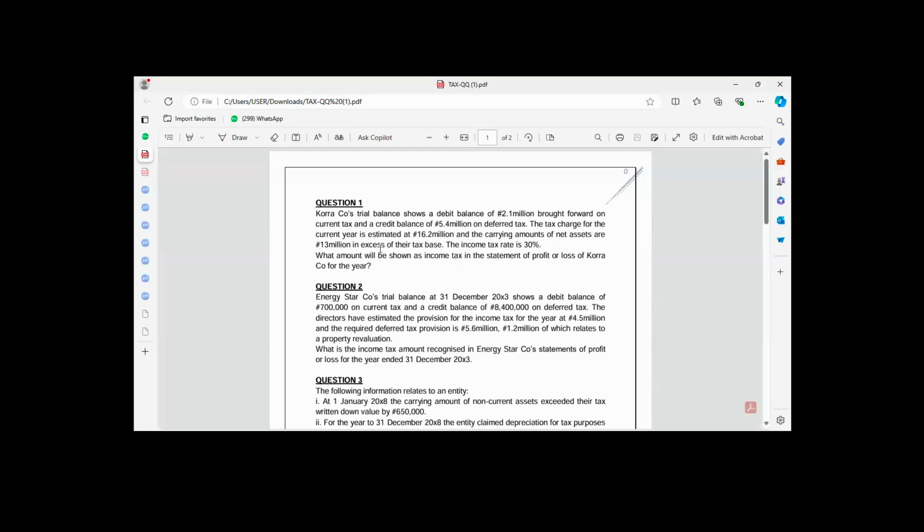Then a credit balance of 5.4 on deferred tax, the brought forward opening balance. Deferred tax is always a credit balance. If it is a debit balance, I will jacket it.